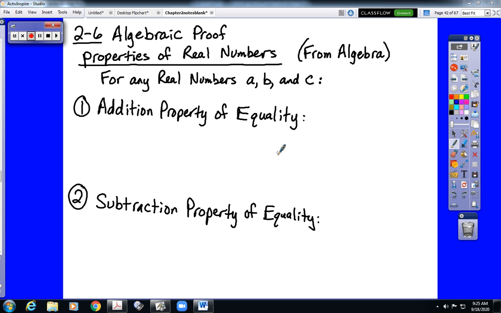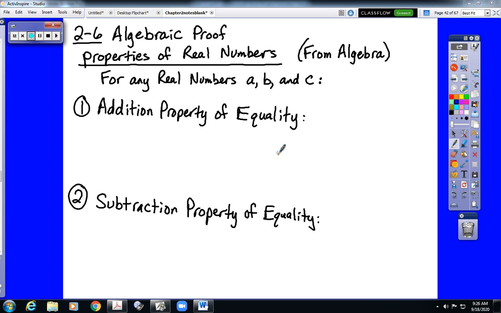Your rationals, your irrationals, your integers, your counting numbers, your whole numbers, those are all types of real numbers. A real number is any number that you could place on a number line. Now in Algebra 2, when you get to that point, you'll learn about imaginary numbers and complex numbers. But for now, basically we're just saying that these 3 real numbers could be any number you have ever dealt with in your entire mathematical career.